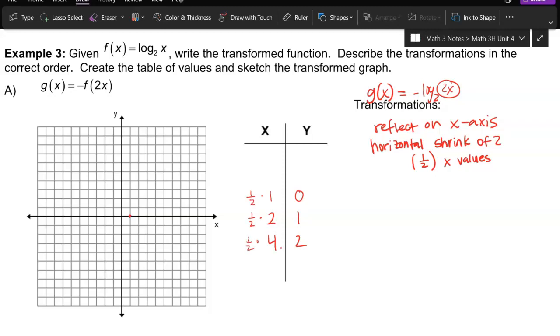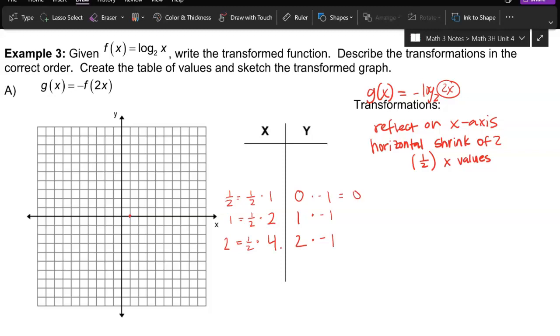And then we are going to look at these and just multiply them by a -1. So we'll have 1/2, 1, and 2.